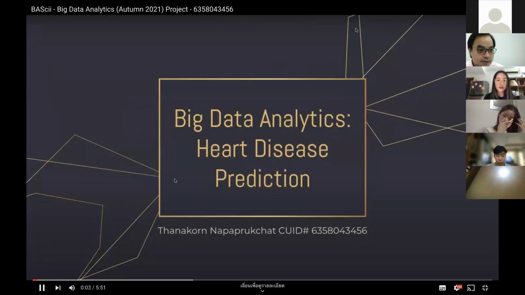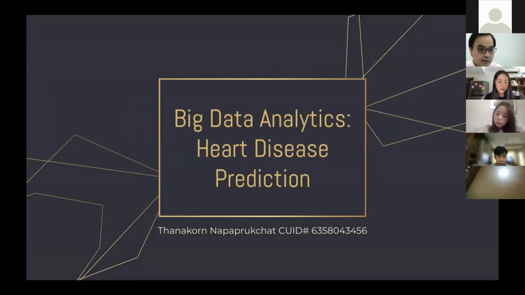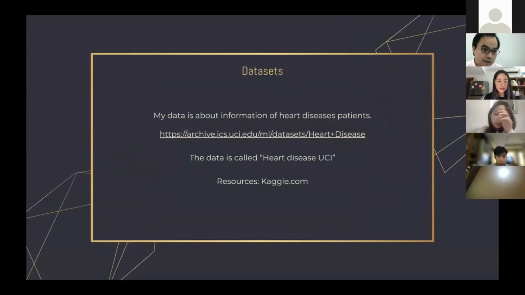So today I will present about my big data analytics project, which is about heart disease prediction. My name is Thanakorn Napapruchat. My data is about the information of heart disease patients. The data is called heart disease UCI, and I got it from kaggle.com.